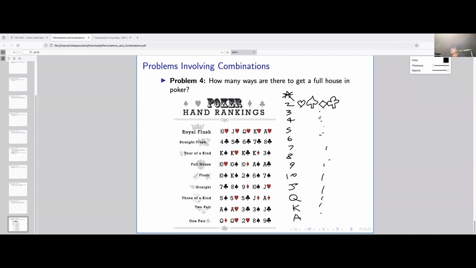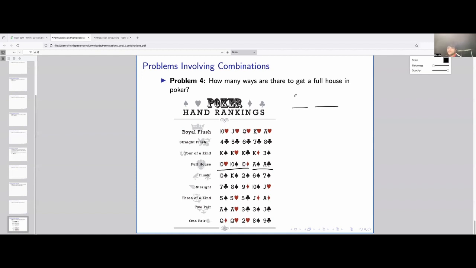I'm just going to erase some of this stuff so we have more space. There's a specific card and then I choose 3 of them, and there's another specific card and then I choose 2 of them. So I have to first pick my cards. There are 13 different ranks for the first card.